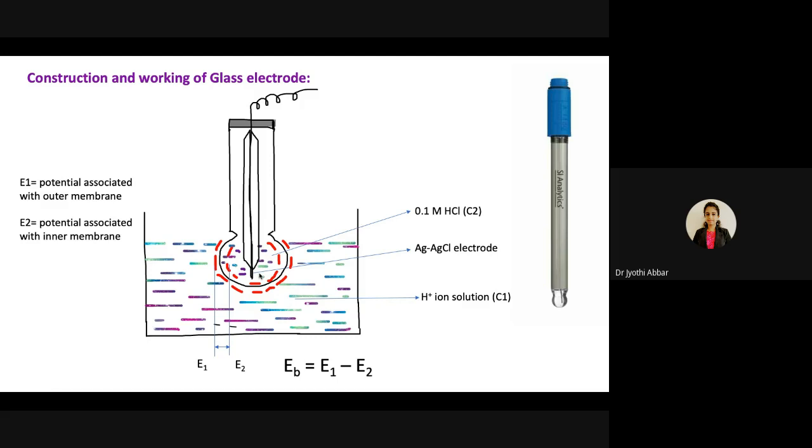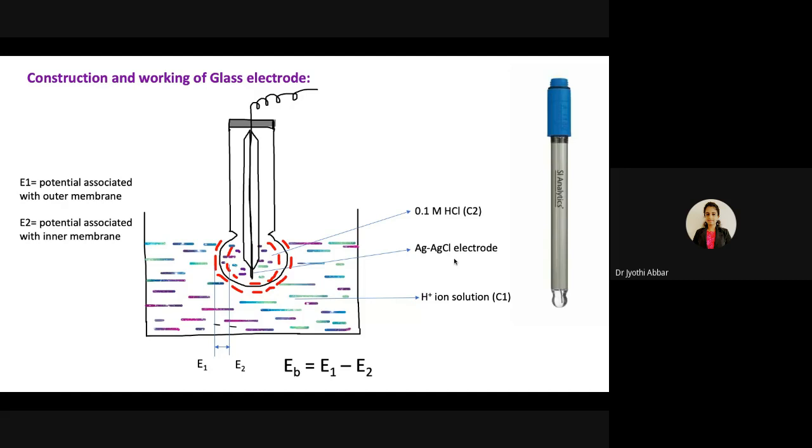Then, in order to have an electrical contact from this 0.1 M HCl solution, we have used an internal reference electrode, that is the Ag/AgCl electrode. It is a secondary reference electrode.